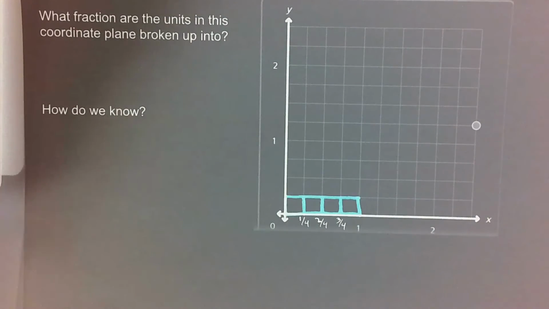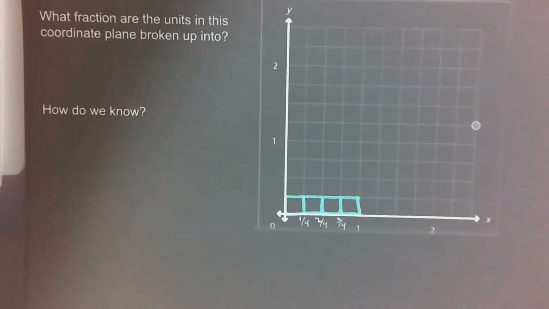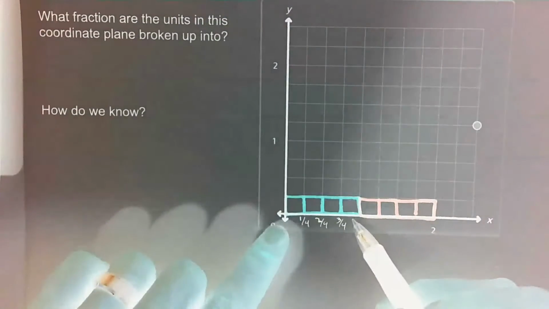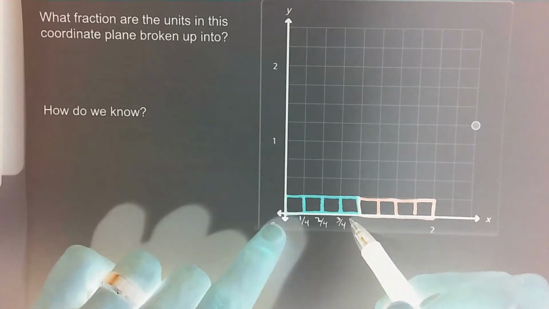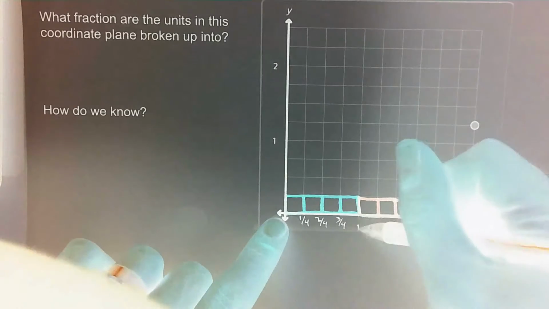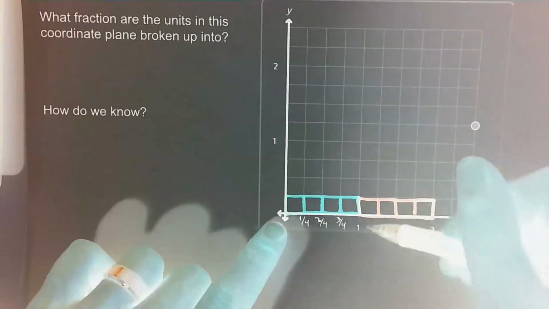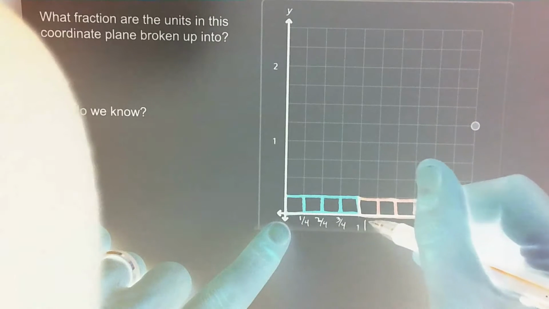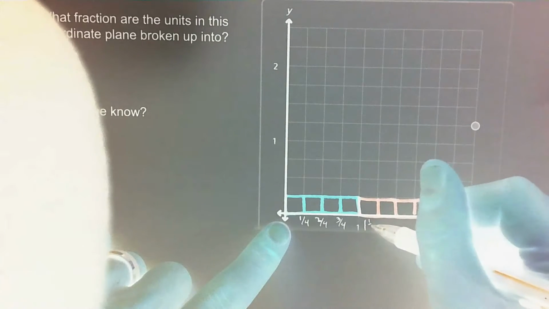Let's draw another area model from the 1 on our x-axis all the way to the 2. And partition it the same way. As we can see, it's still broken up into fourths. It's another area model for fourths. If our blue area model is showing us 1 whole with these 4/4, then if we keep going, this would be 1 and 1/4.